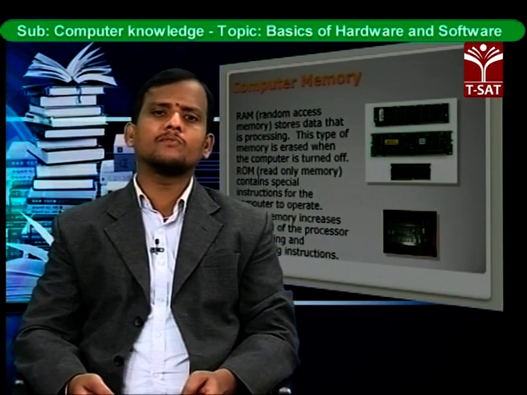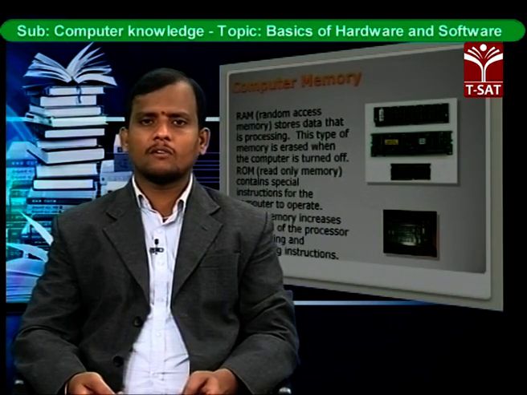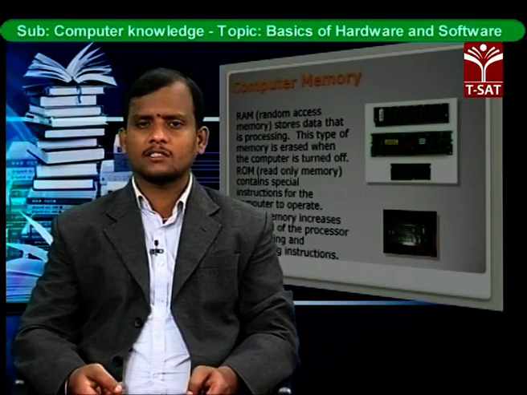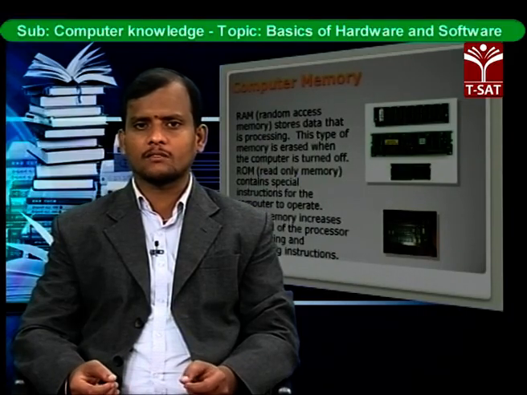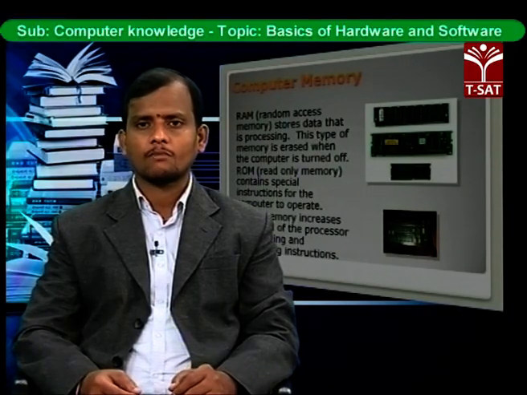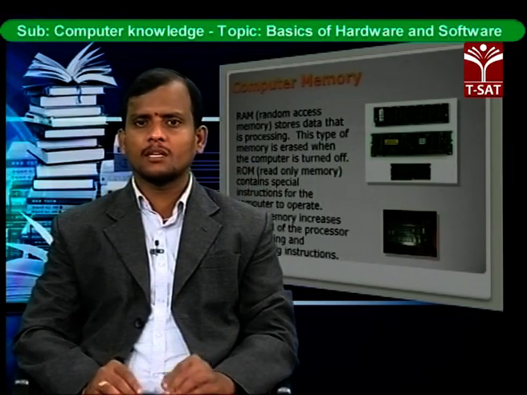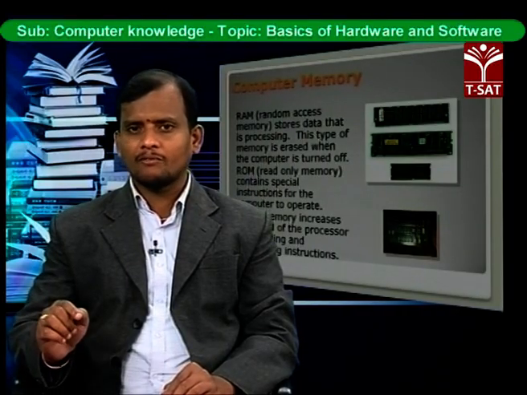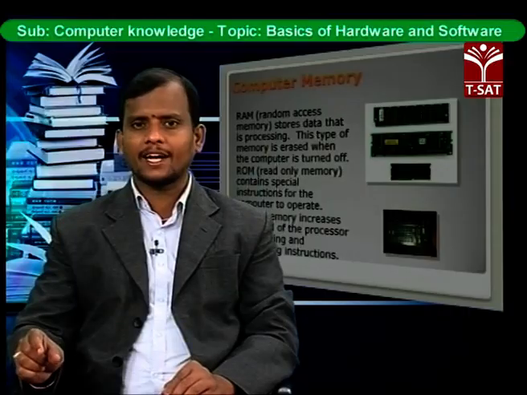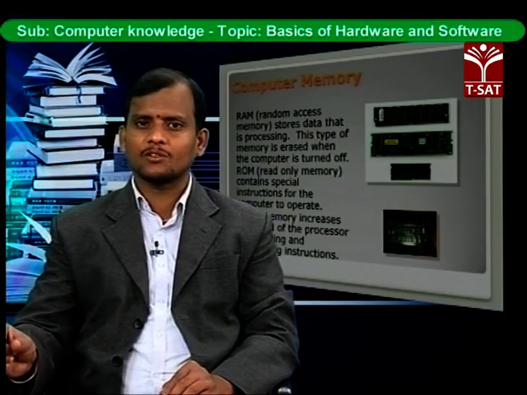And one more point: each and every device has some memory. Suppose you type something using the keyboard. When you press A, that A is stored in some memory, which is also cache memory.